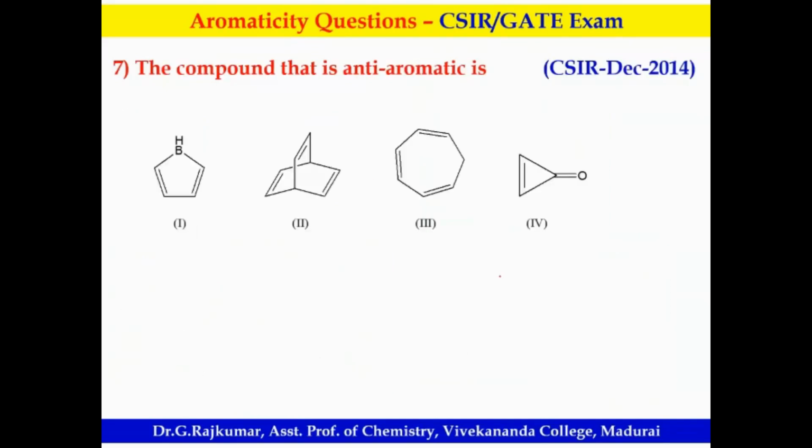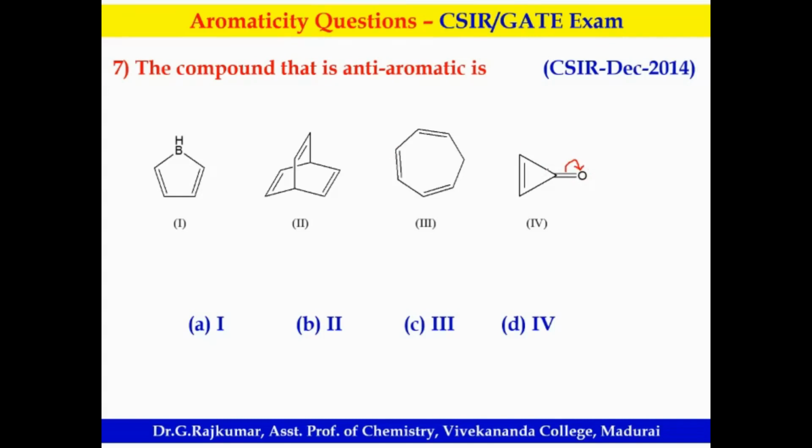The compound that is anti-aromatic. CSIR December 2014 question. Among the compounds, the anti-aromatic one. 4, sir. A. 4. Look carefully. First one. What happens in 4? Oxygen is more electronegative. The displacement of electrons goes like this.